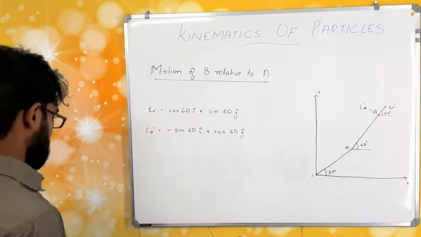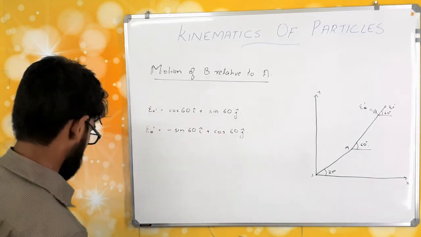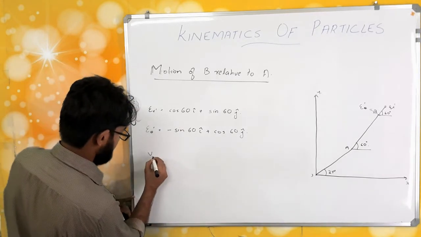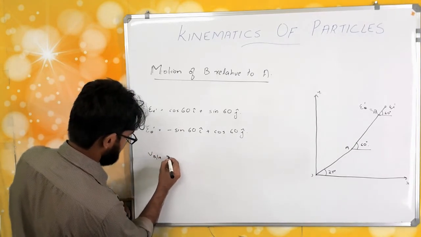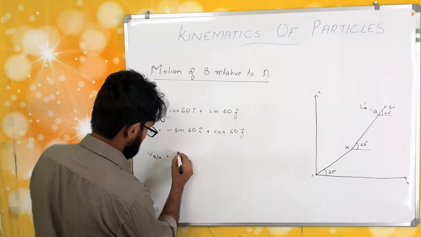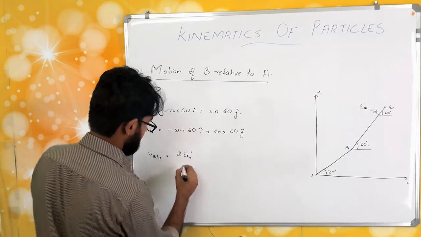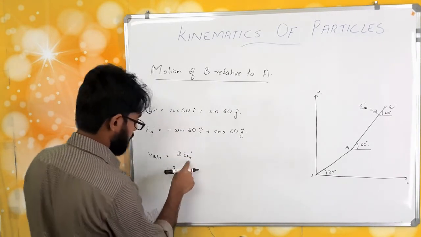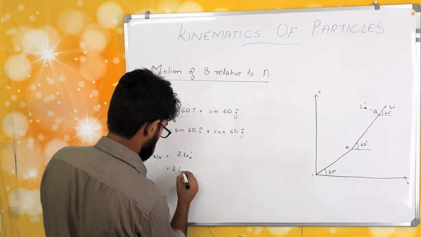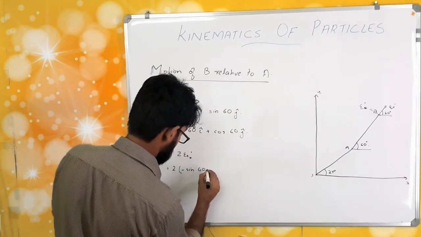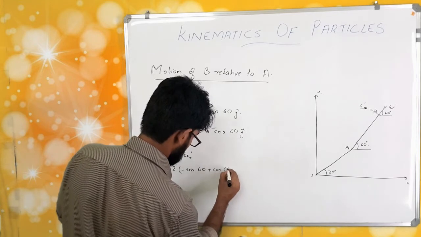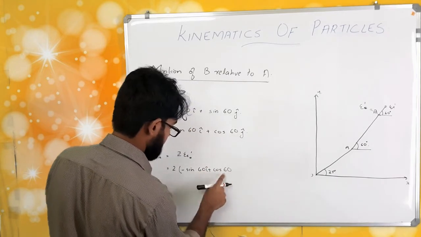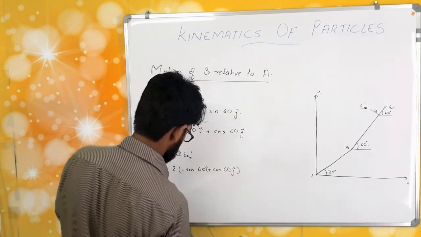Okay, so substituting this value in the previous equation, V B with respect to A is equal to 2 epsilon theta dash, which is equal to 2 into minus sin 60 i cap plus cos 60 into j cap.